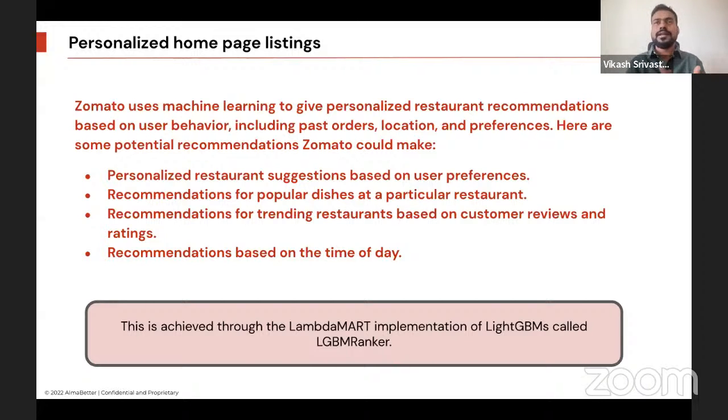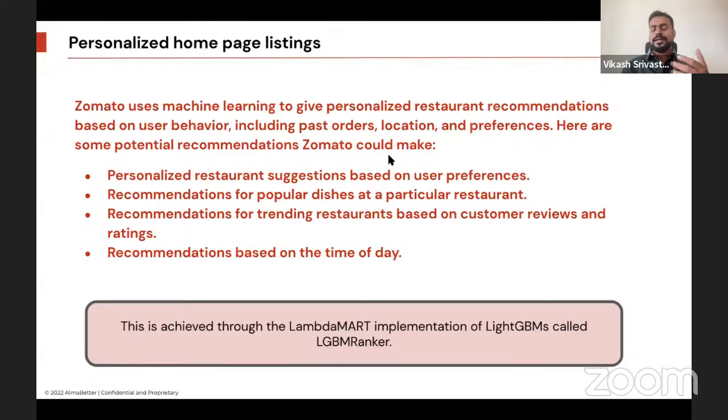Collaborative here essentially means that they would see what kind of customers are similar to your persona and what kind of restaurants they are ordering from. On the basis of that, Zomato would show you those restaurants, right? So if there is some similarity of a particular user to nearby users, Zomato can use that technique to recommend the restaurants overall.